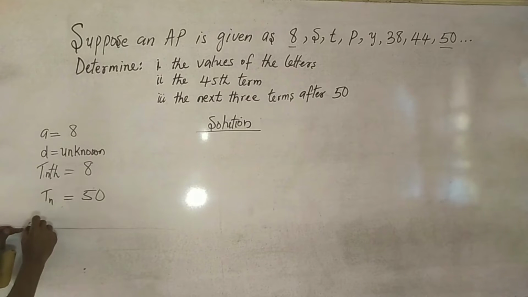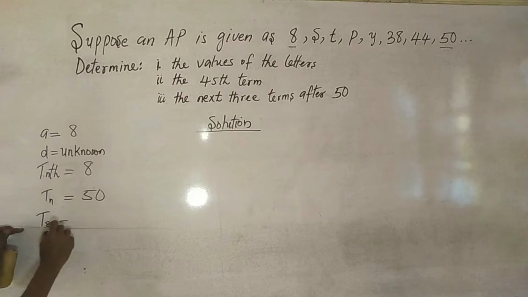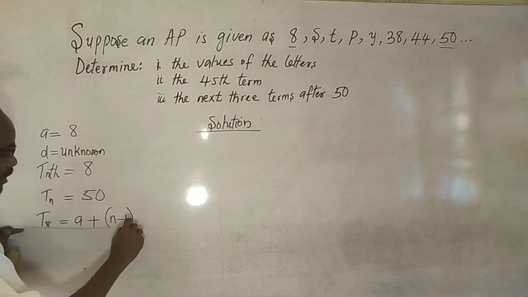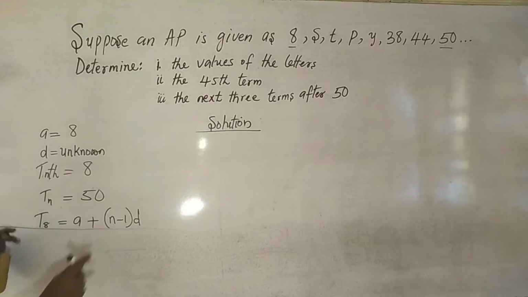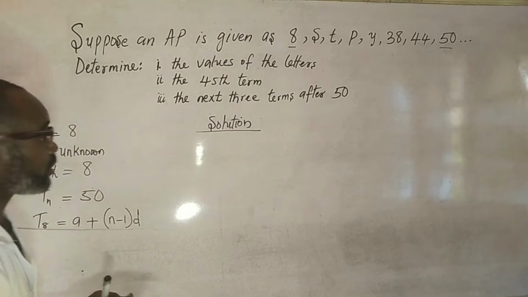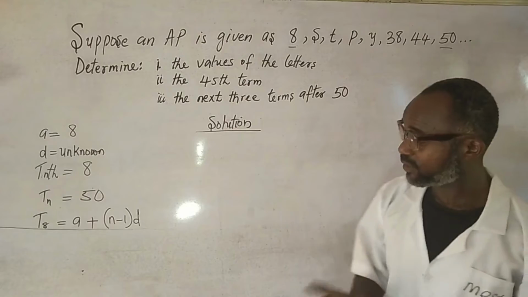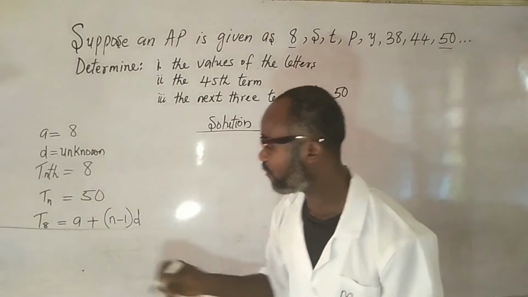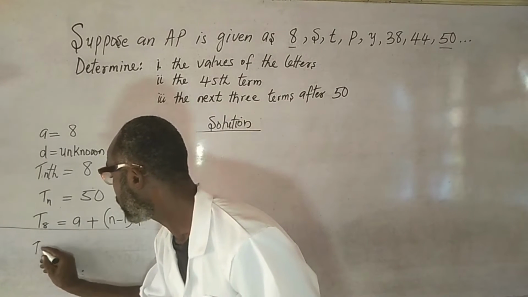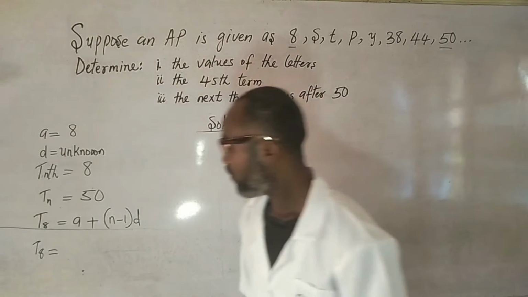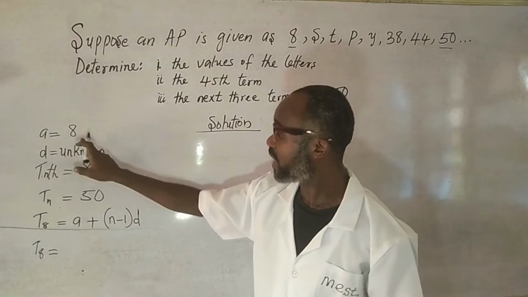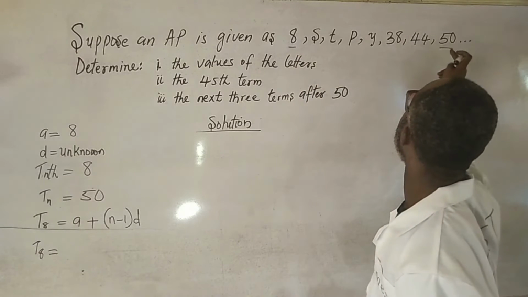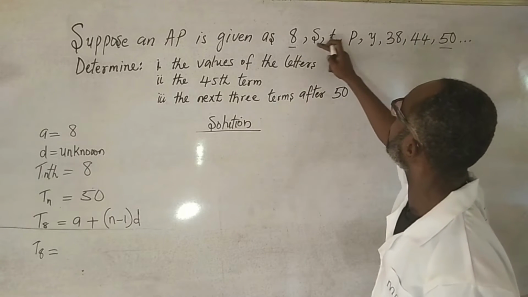We first of all state that our Tn, which is T8, is equal to first term plus bracket open n minus 1 bracket close and then common difference. That's the formula we're going to use. What do we do next? Now we substitute. For T8, it is equal to, for the first term we have 8, and for the total terms, we have 1, 2, 3, 4, 5, 6, 7, 8.